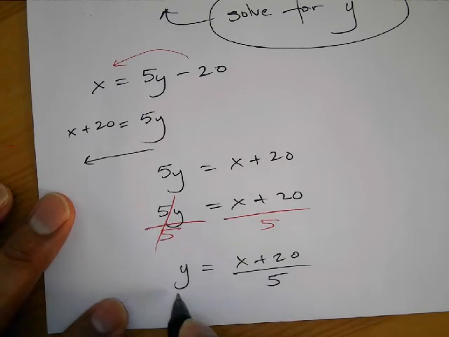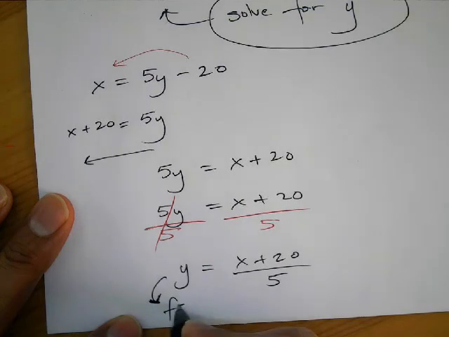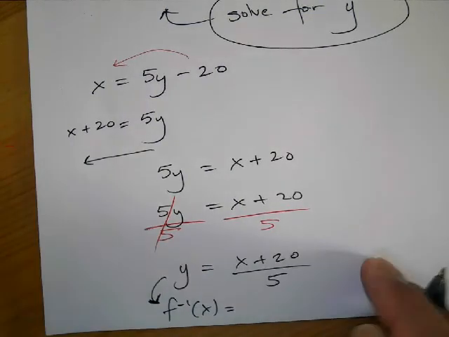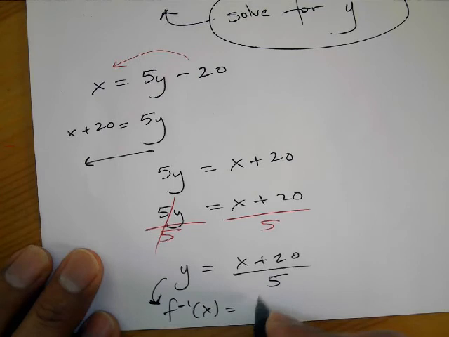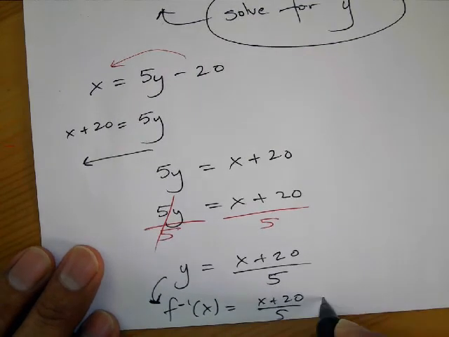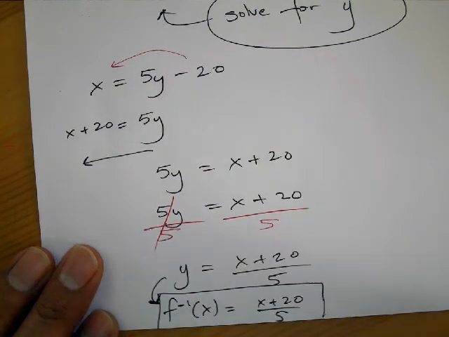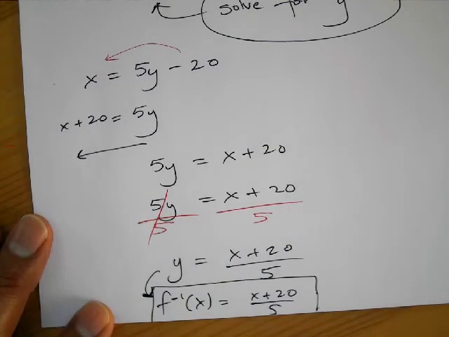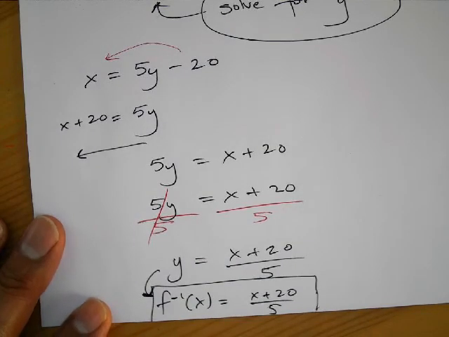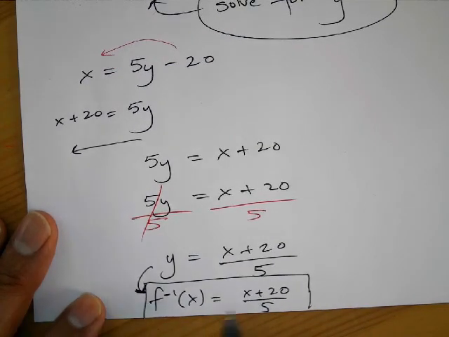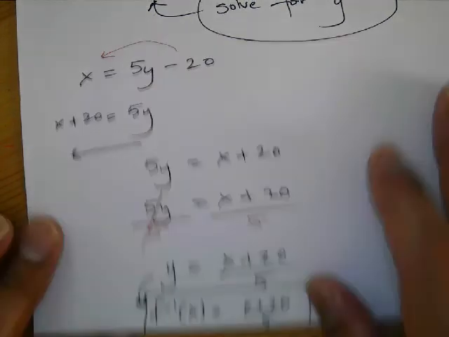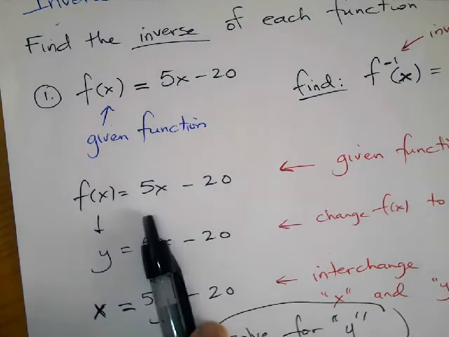But this new y is your inverse. Okay, so I took a little longer on this one because I'm showing every little step. Okay, and that's how you do it.